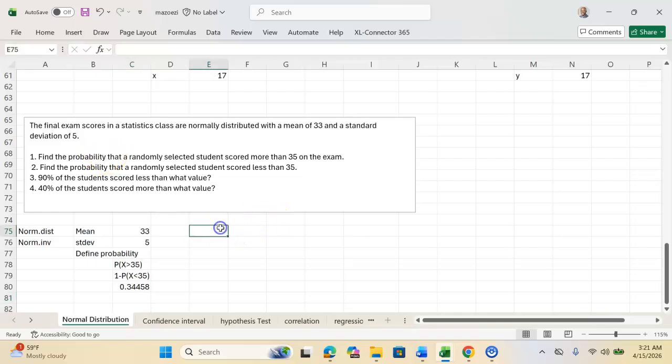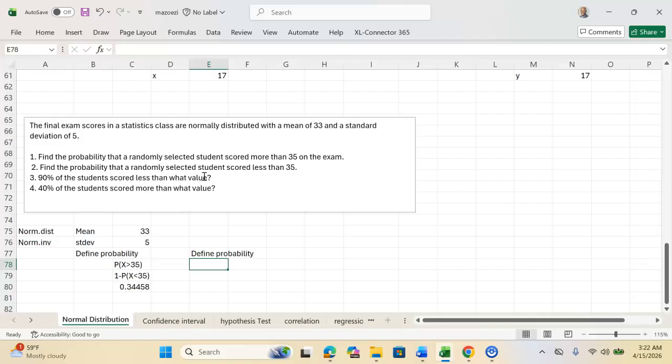Now let's look at the second question, which says find the probability that a randomly selected student scored less than 35. Let's define the probability, and we're going to use the mean and standard deviation, which are provided.